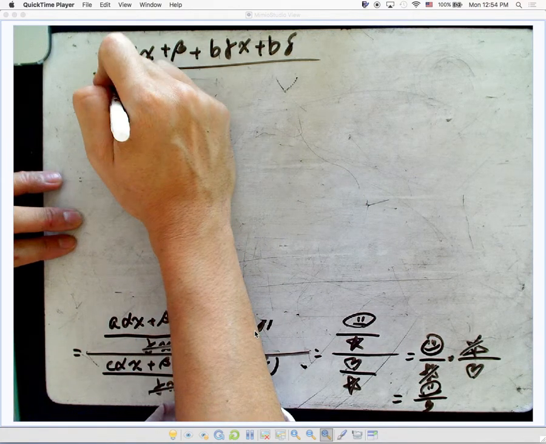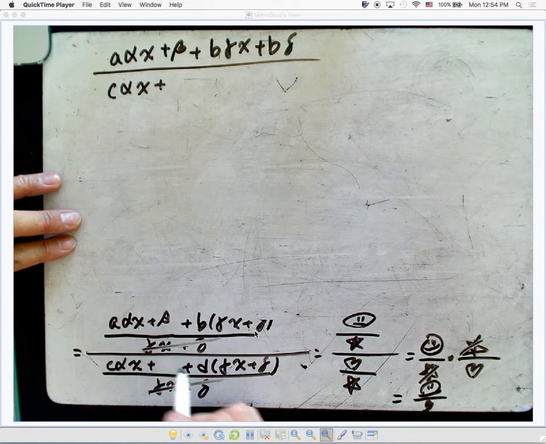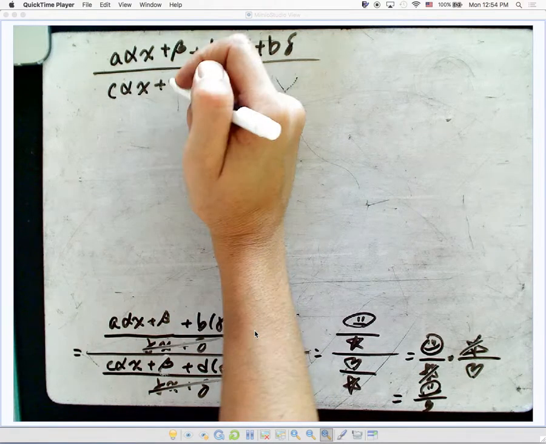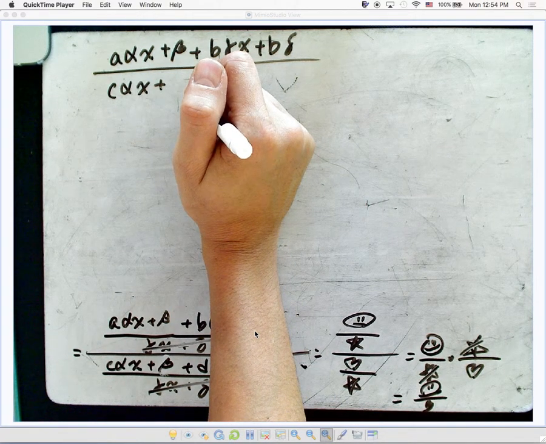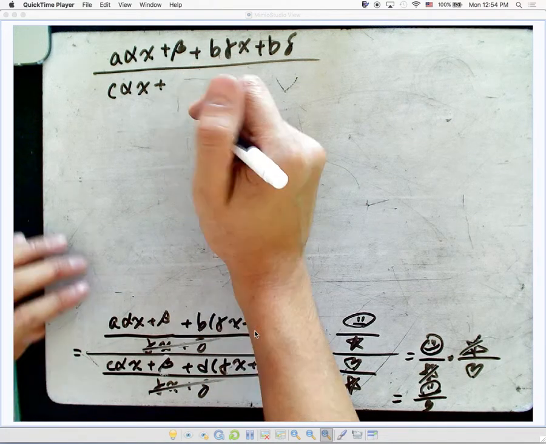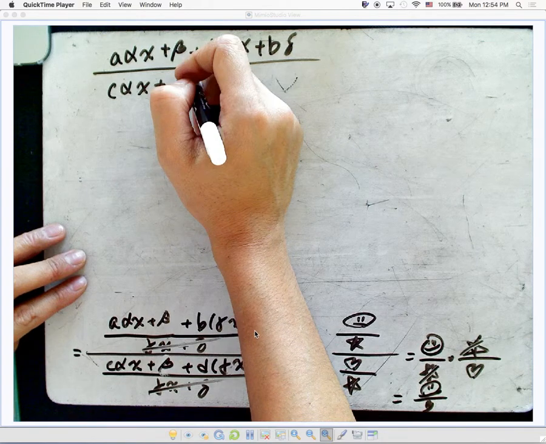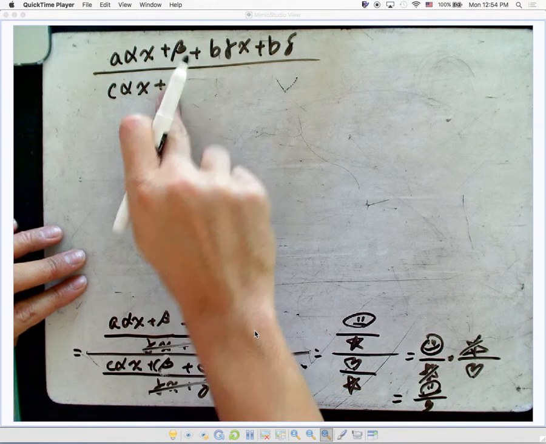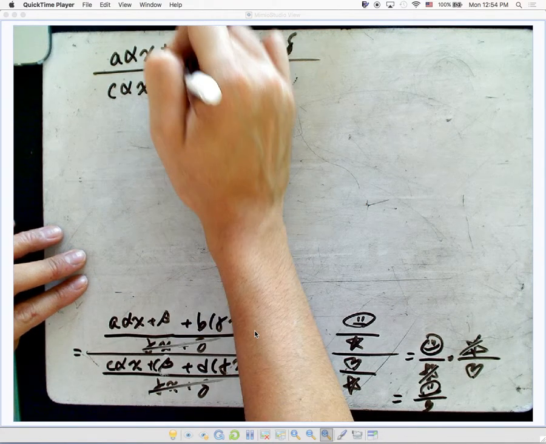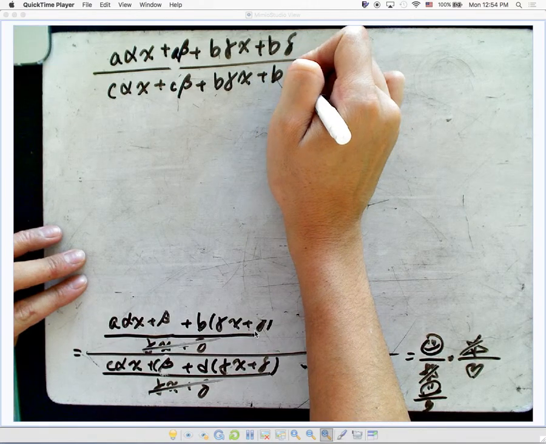And we have c times alpha x plus beta, sorry, c times alpha x plus beta plus d times gamma x plus delta. A times alpha x plus beta, and c times alpha x plus beta.